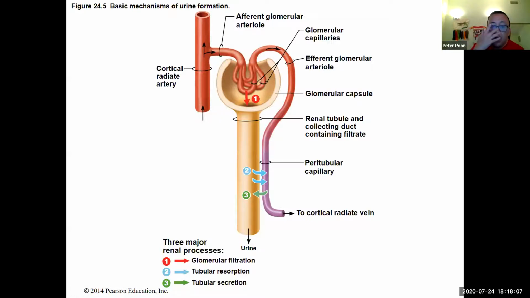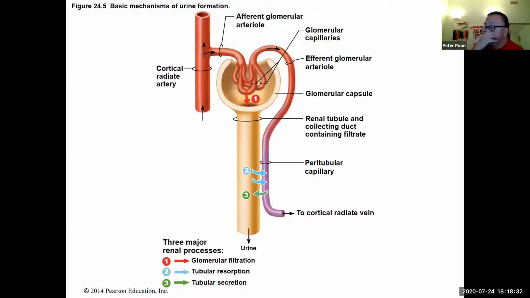The last one is tubular secretion. Tubular secretion is where you dump stuff from the capillary into the filtrate itself. If there's something that you want to purposely get rid of, you take it from the bloodstream and dump it directly into the tubules, and the tubules will get rid of it when you pee.